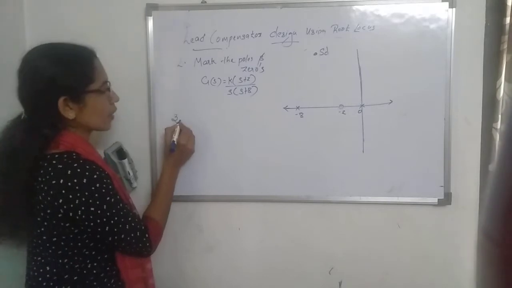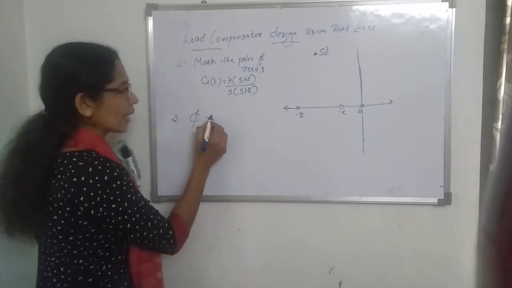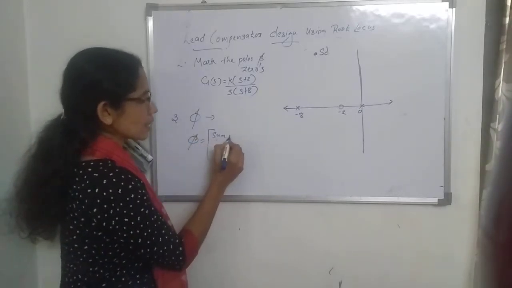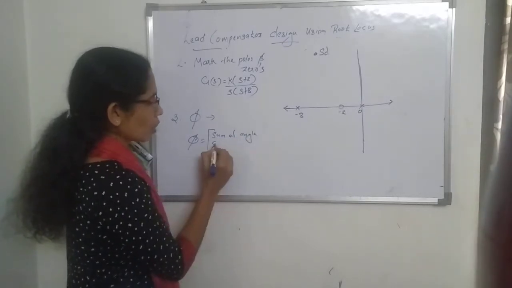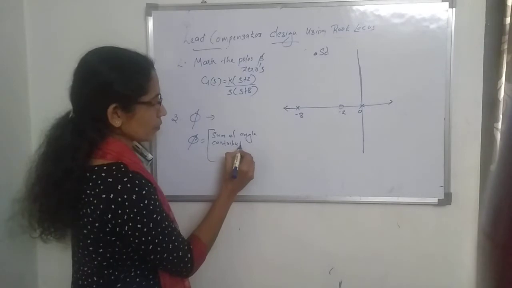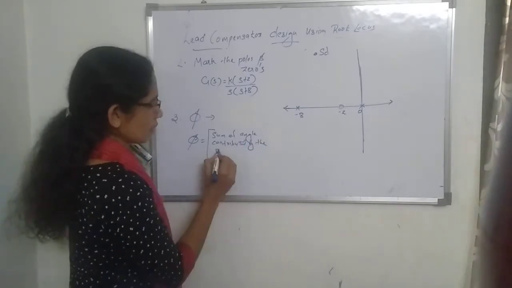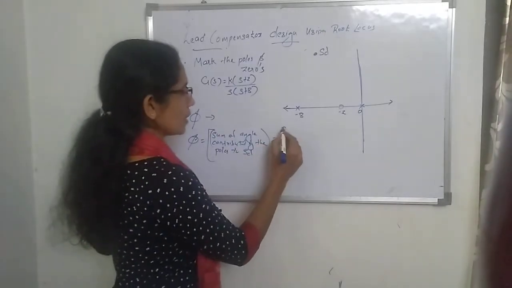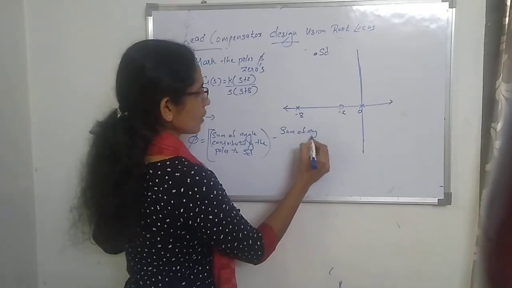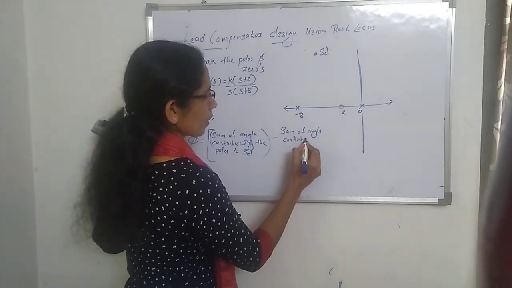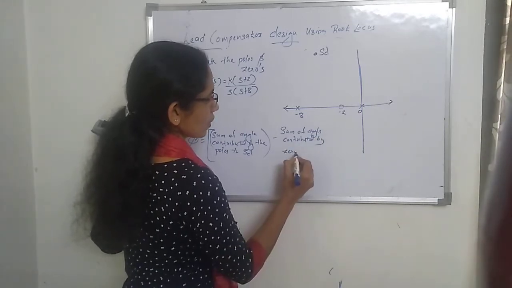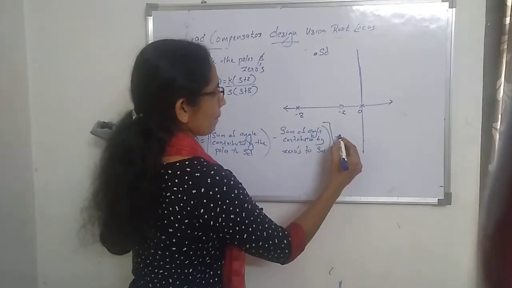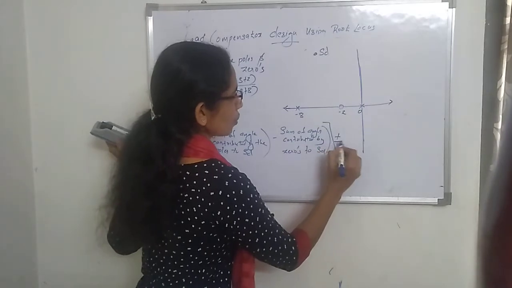Next, the third step is to find the lead angle phi. The equation for finding the lead angle phi is the sum of angles contributed by the poles to SD, minus the sum of angles contributed by the zeros to SD, plus or minus n into 180.